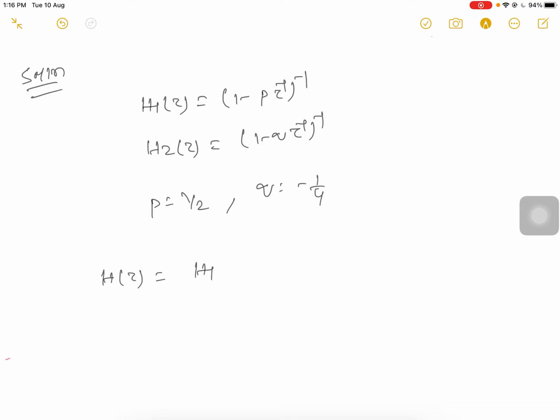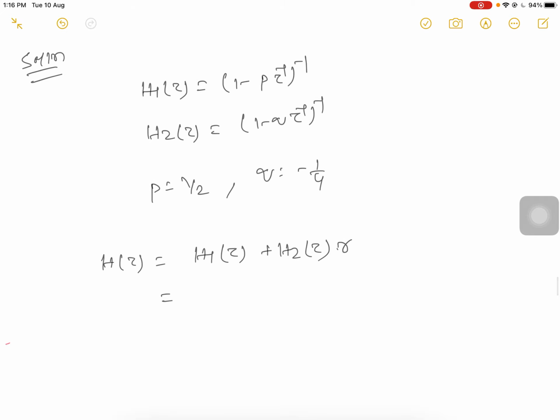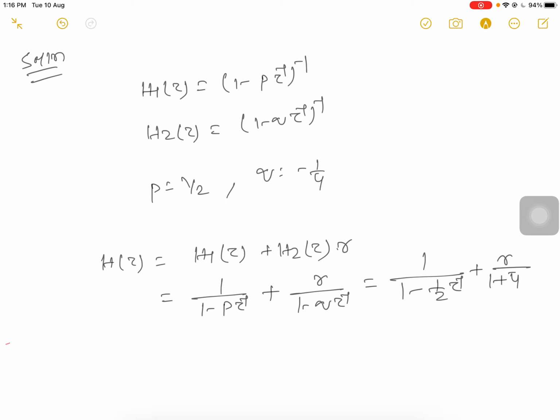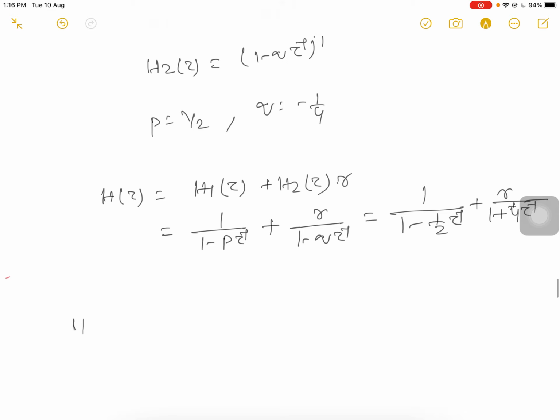Then H(z) is H1(z) plus r times H2(z). Putting in the values, we can write 1 over 1 minus 1 half z inverse plus r over 1 plus 1 by 4 z inverse.